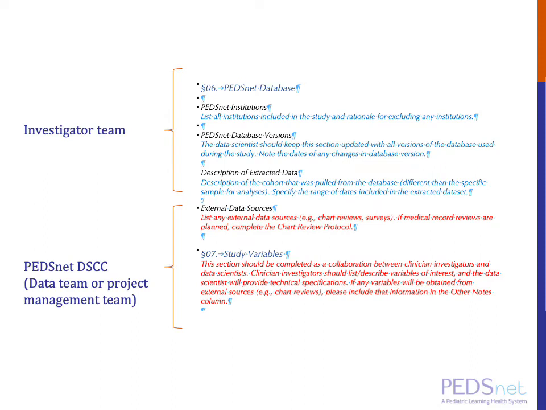On screen is just a snapshot of the PEDSnet DAP, and you'll notice that there is helper text that's either in blue or in red. Generally speaking, sections with blue helper text should be completed by the investigators, whereas sections in red should be completed by the PEDSnet DCC or DSCC, and that's the data team or the project management team.